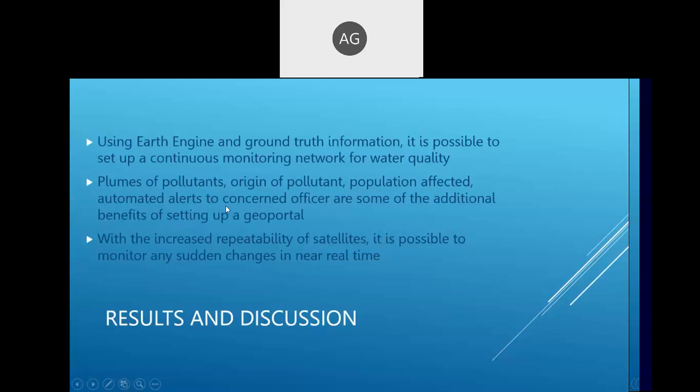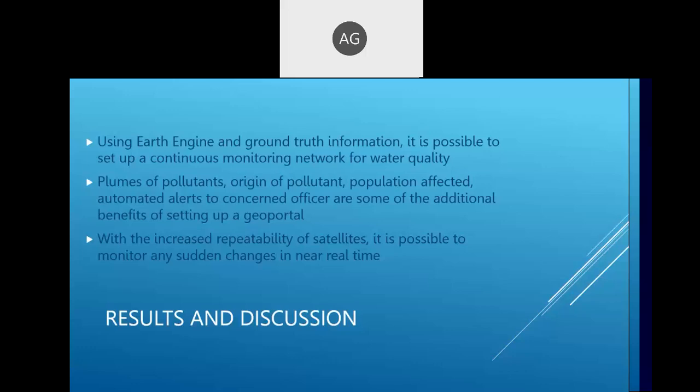which brings us back to this: the plumes of pollutants, the origin of pollutant, the population affected. Then you can have automated alerts to the concerned officer on a real-time basis. They can get an SMS from the portal that some sort of pollution is observed by satellite on a large scale.